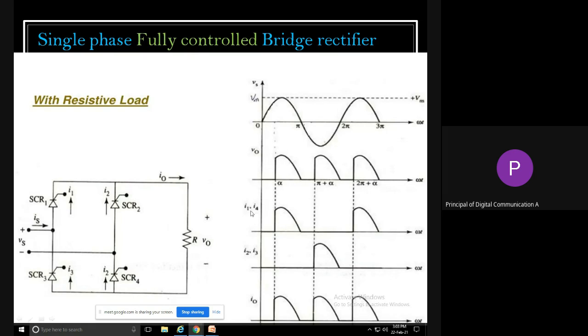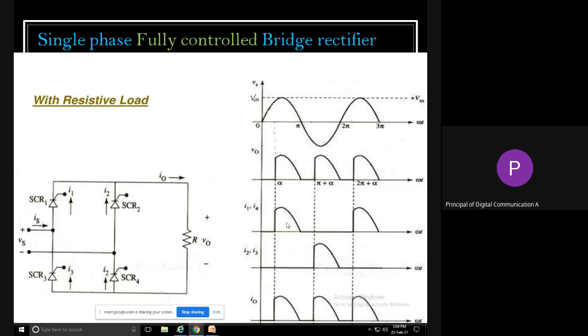So this is I1 and I4, that is, at angle alpha. As I told, the output voltage and output current are the same up to 90%. Only the voltage drop across that resistor, or current drop, gets minimized.